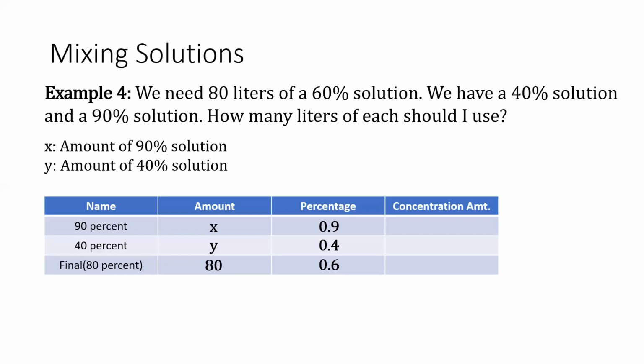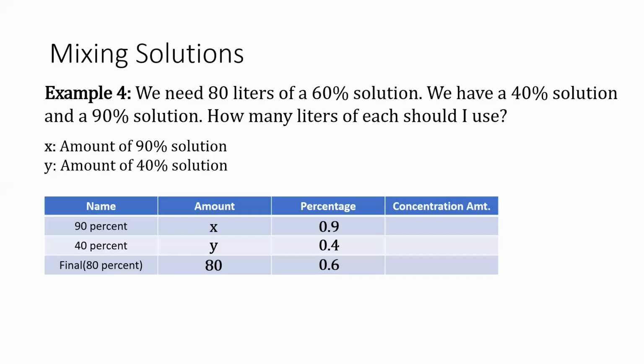So nothing that we've done so far is really hard. All we've taken is information from the question and put it into a table. And that's the process every time, at least in this course, we are dealing with these mixing solutions. And then the last column honestly isn't that much more difficult. We have to do multiplication, but it's the multiplication of the previous two columns, the amount and the percentages.